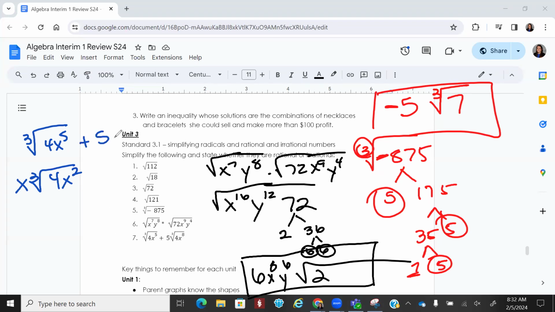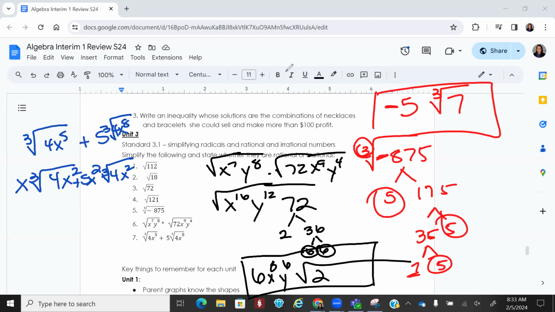We're going to say plus 5 cube root of x, 4x to the 8th. We can break this one down with the x to the 8th. That would make 2 groups, with 2 left over.